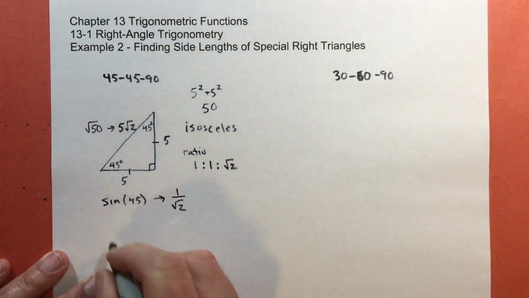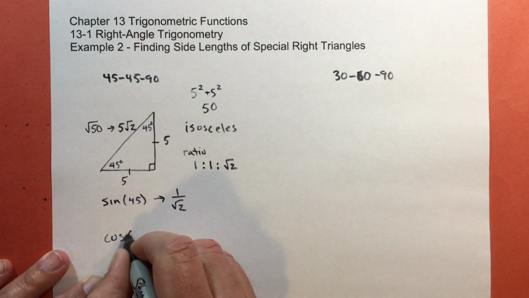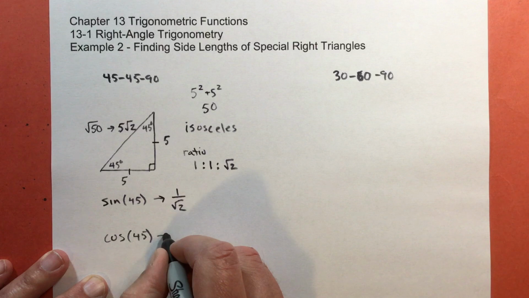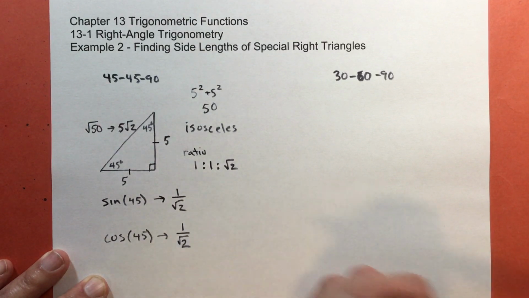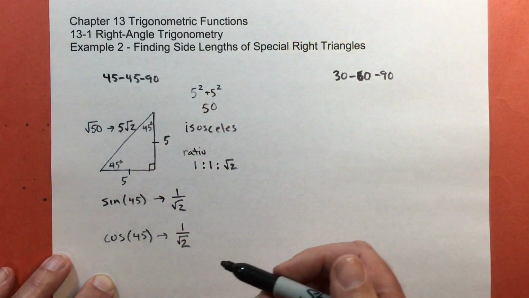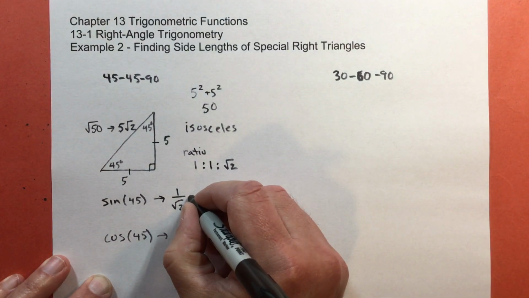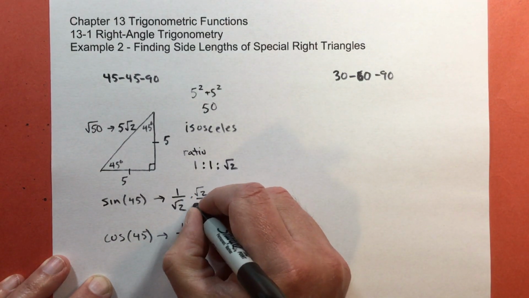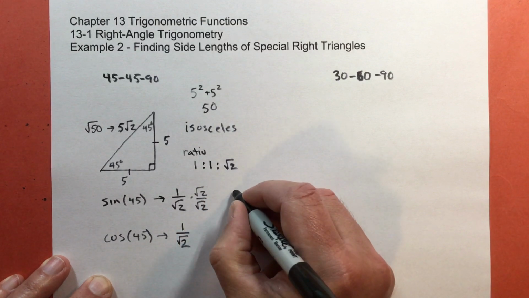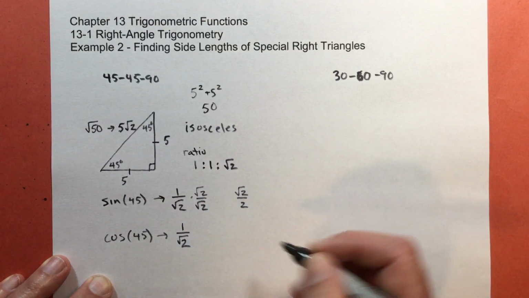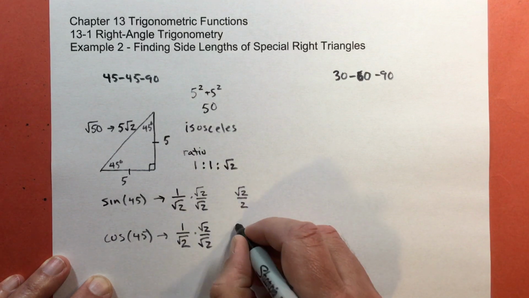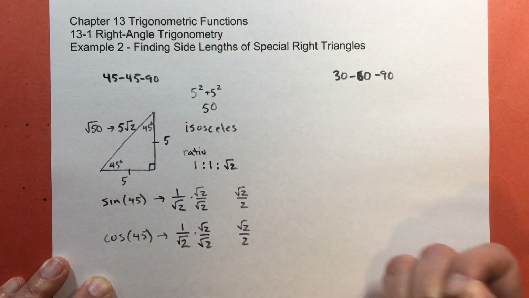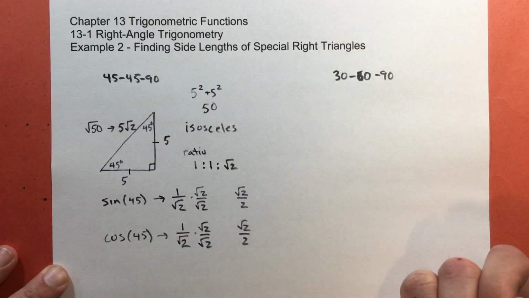I can't leave that, but while I'm talking about it, cosine of 45 is also 1 divided by the square root of 2. Okay, now I said I can't leave that. The reason why is because I have to rationalize the denominator. So this actually becomes the square root of 2 over 2. And same thing, square root of 2 over 2. So make sure that you rationalize your denominators.